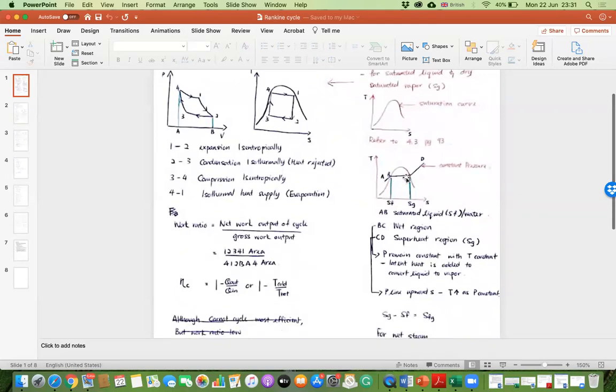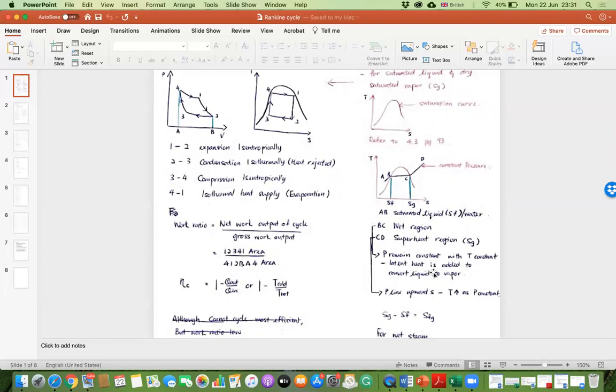For these lines, they are actually at constant pressure. So A, B, C, and CD are at constant pressure. AB is saturated liquid, which is water at the Sf state. BC is the wet region, where pressure and temperature remain constant.